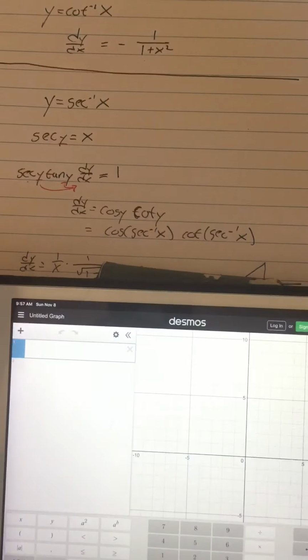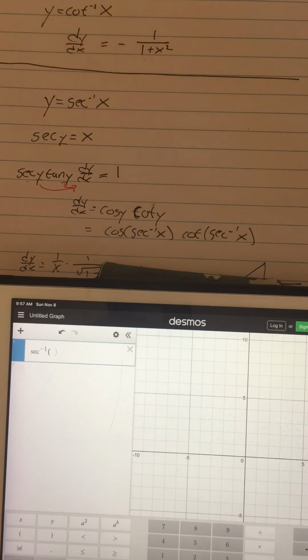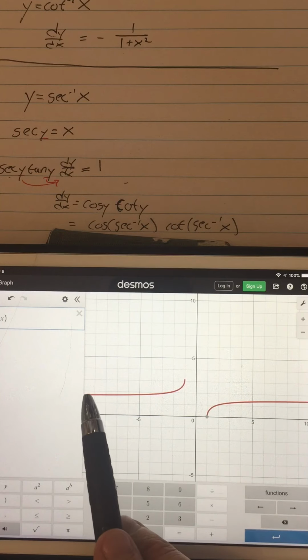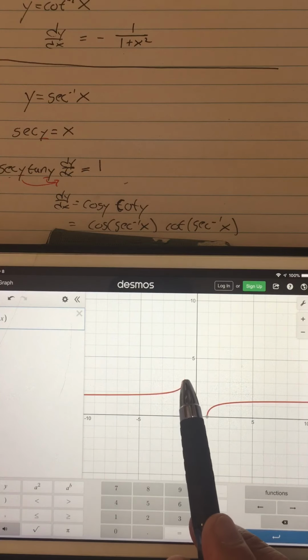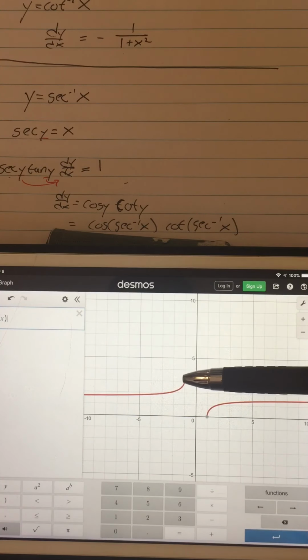So this isn't really any kind of formal proof, but if we look at a graph of inverse secant x, and I wanted Desmos because getting a graph of inverse secant on your TI is a little bit tricky. Oh, there it is. All right. So what you can see, and this is an interesting example of a function that is always increasing. It's always increasing, even though it never gets higher than whatever number is here.